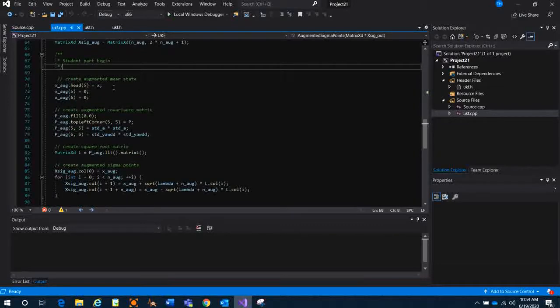You remember how we create the augmented covariance matrix?